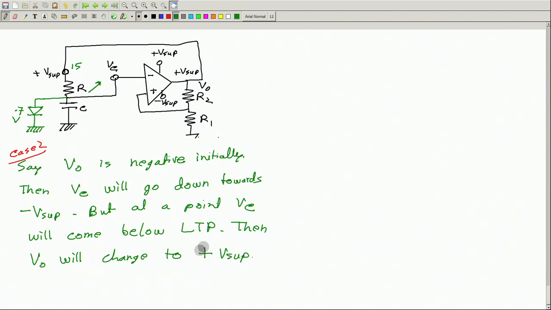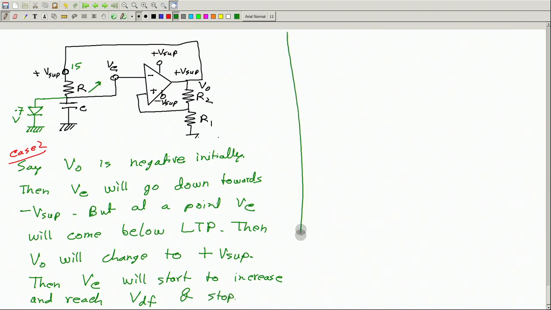Okay? So, then the output goes to plus V supply, and once this is at plus V supply, then capacitor voltage Vc will start to increase and reach the forward drop of this diode, maybe 0.7 volt, will reach VDF and stop.